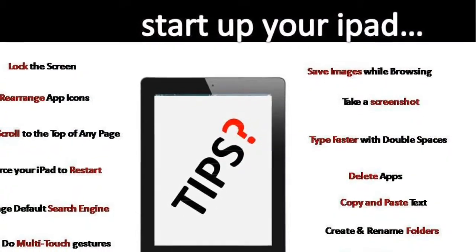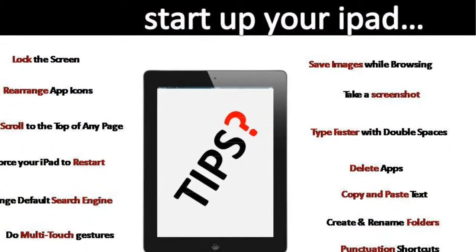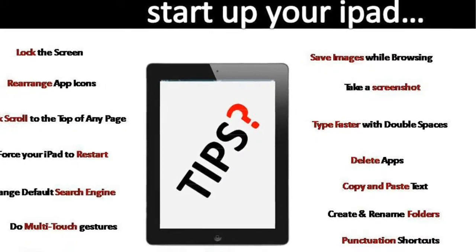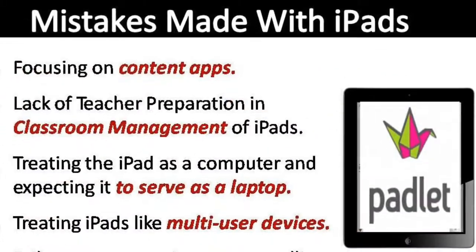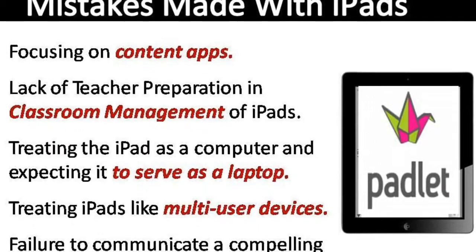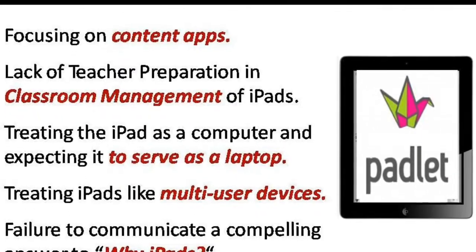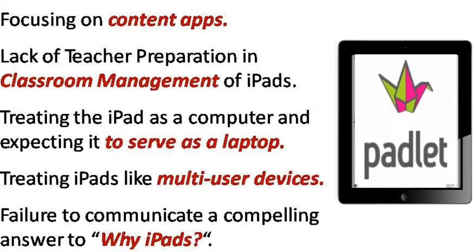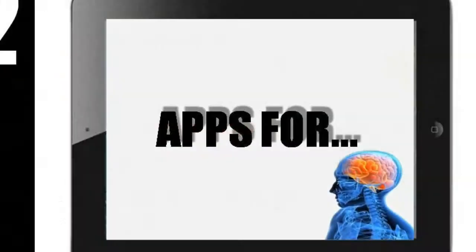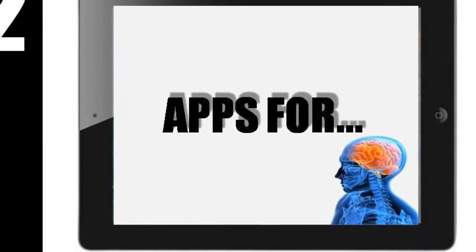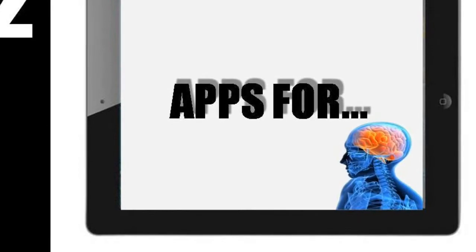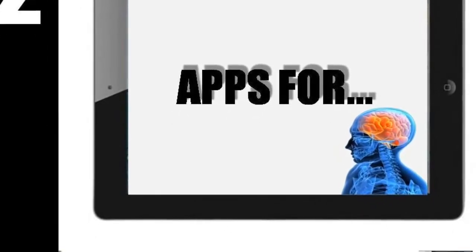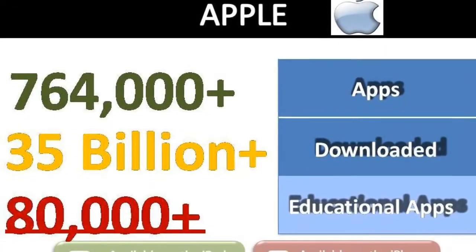We start any training with the setup. Look at the screen and rearrange. We should teach the mistakes to avoid when using the apps. Apps of the iPad: we have billions and millions of apps.